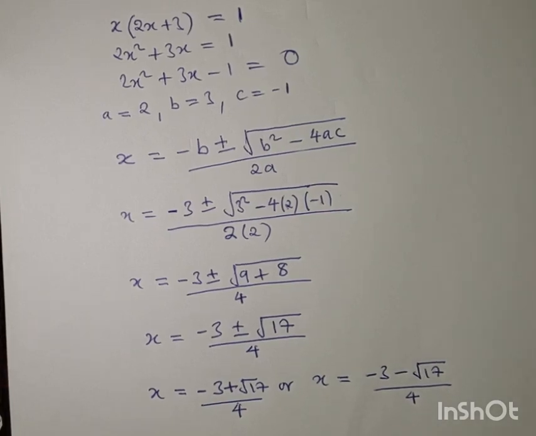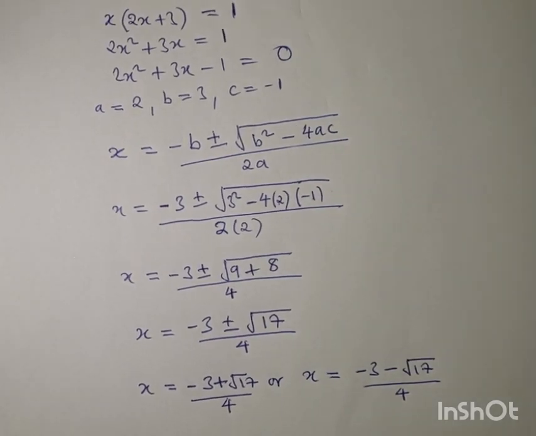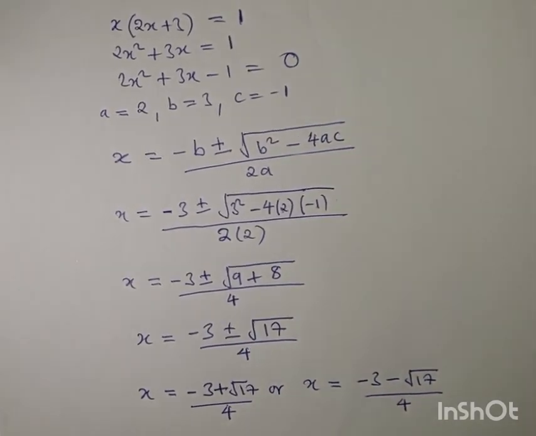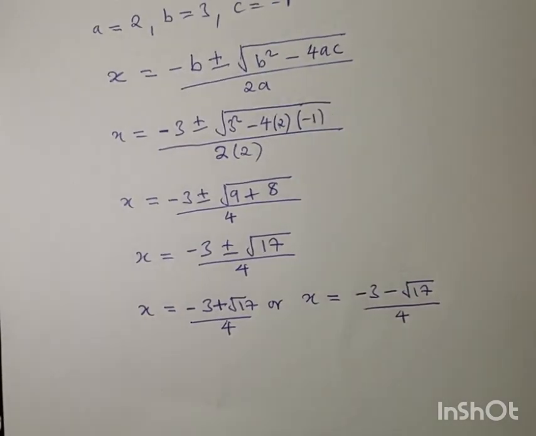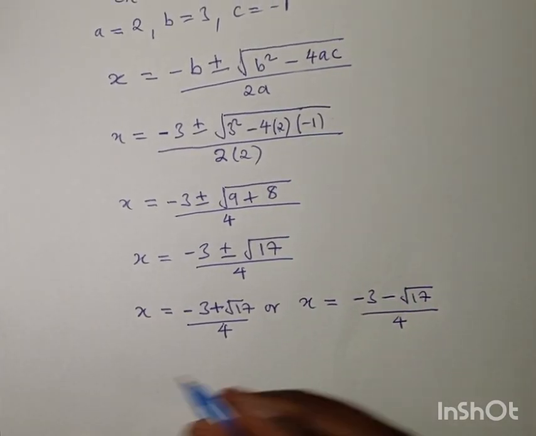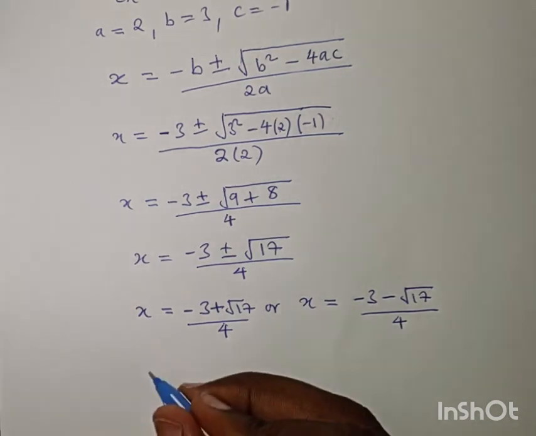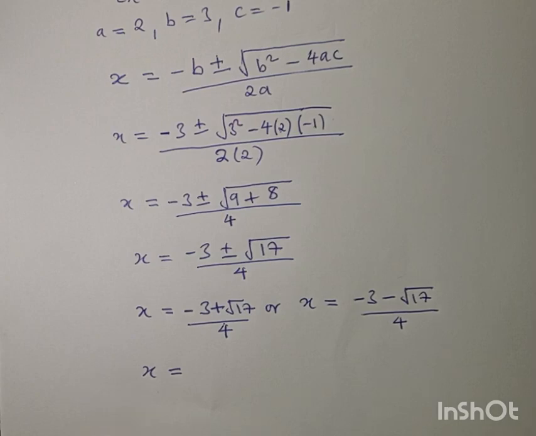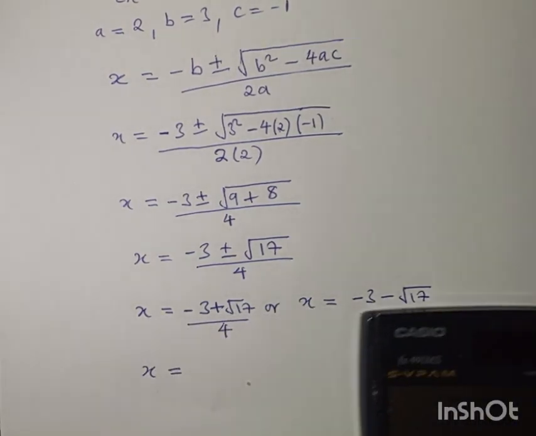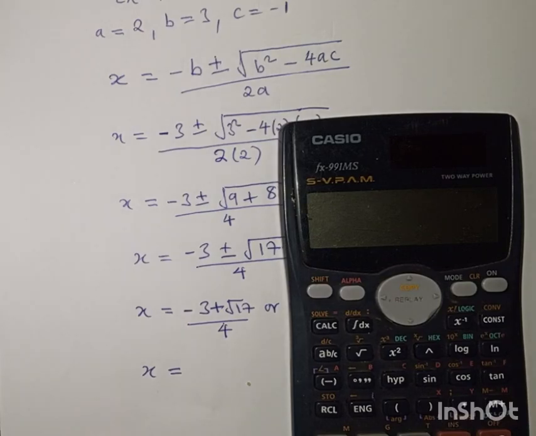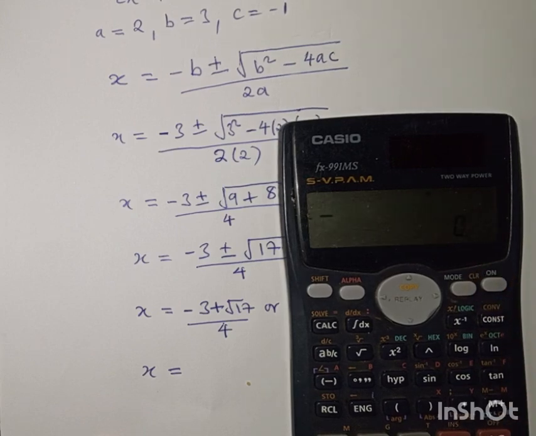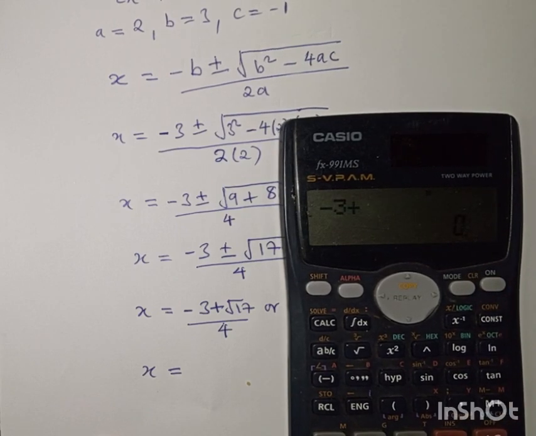At this stage we can use a calculator, since the square root of 17 is not a perfect square. So we have minus 3 plus square root of 17.